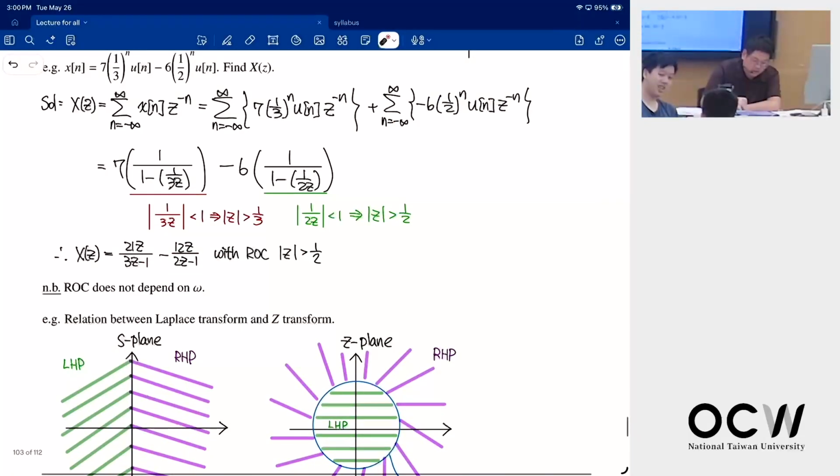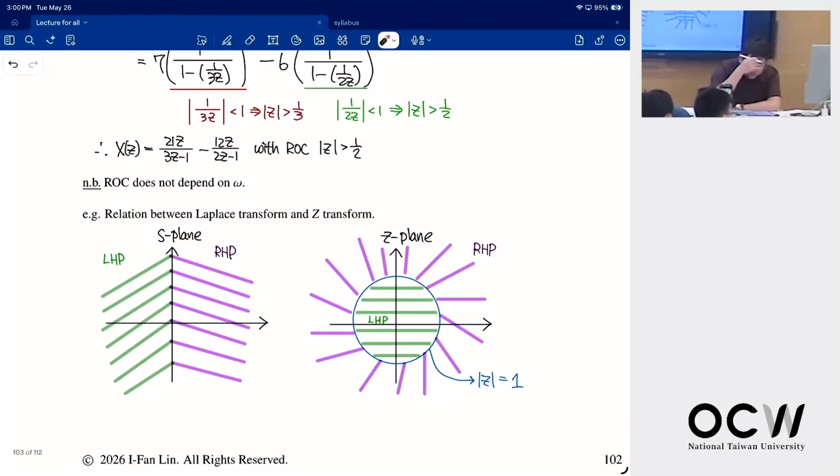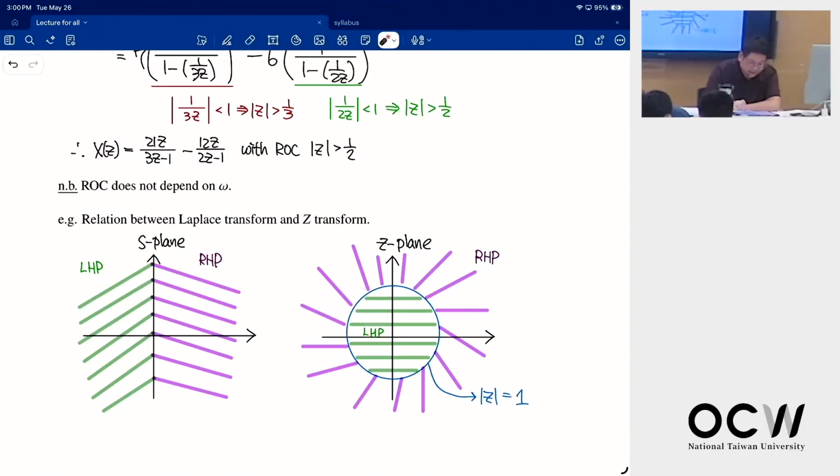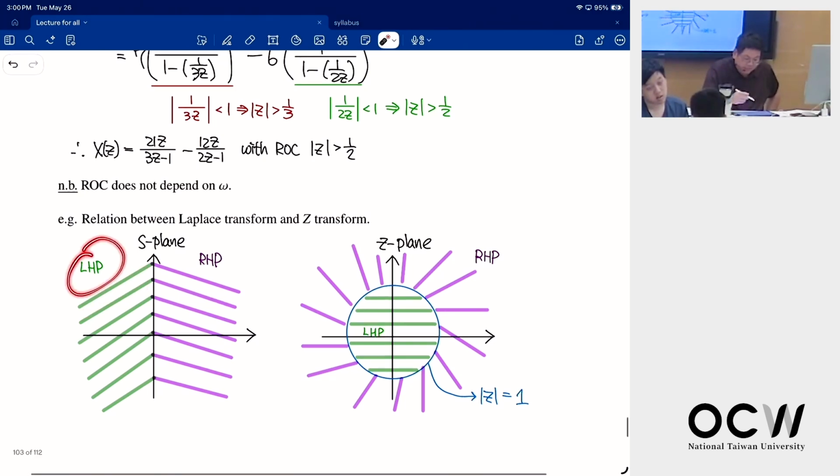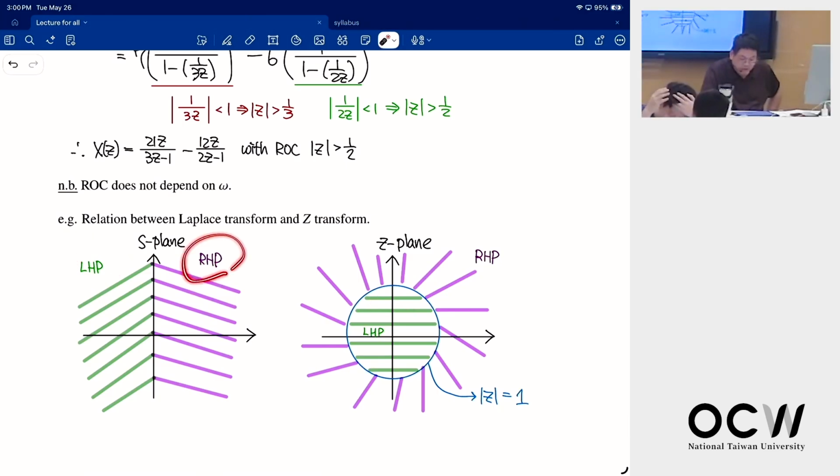Right, now let's see the relationship between the Laplace transform and the z transform. For the Laplace transform, we have the right half plane and the left half plane. For the z plane, the left half plane is inside the unit circle, and the right half plane is outside the unit circle.